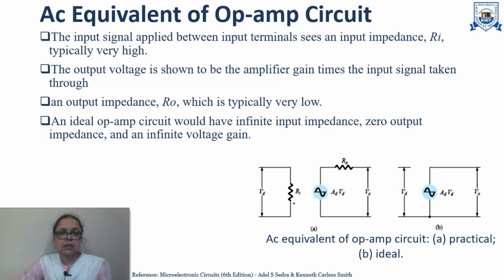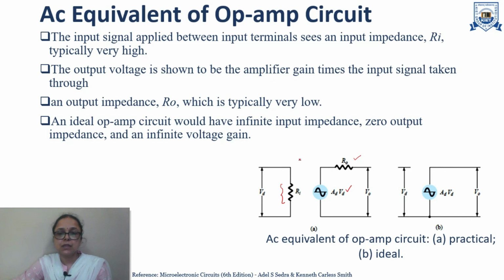Here we can see that it has the input impedance Ri, which is very high, and the output has VO, which is AD times VD. AD is the gain and VD is the voltage that is applied at the input of the operational amplifier, and RO is the output impedance, its value is very low.